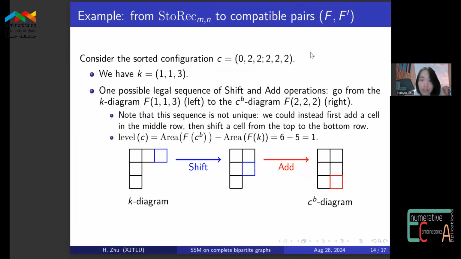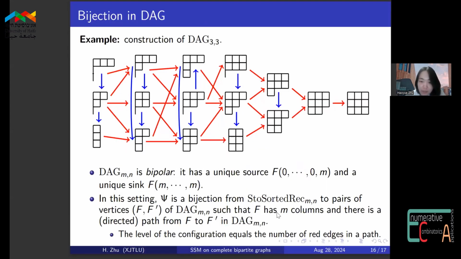So we can use the m columns in this initial Faro diagram F, and then we can get the directed path from F to F prime in this DAG. Also, the calculation of the level is equivalent to the number of red edges in the corresponding path.